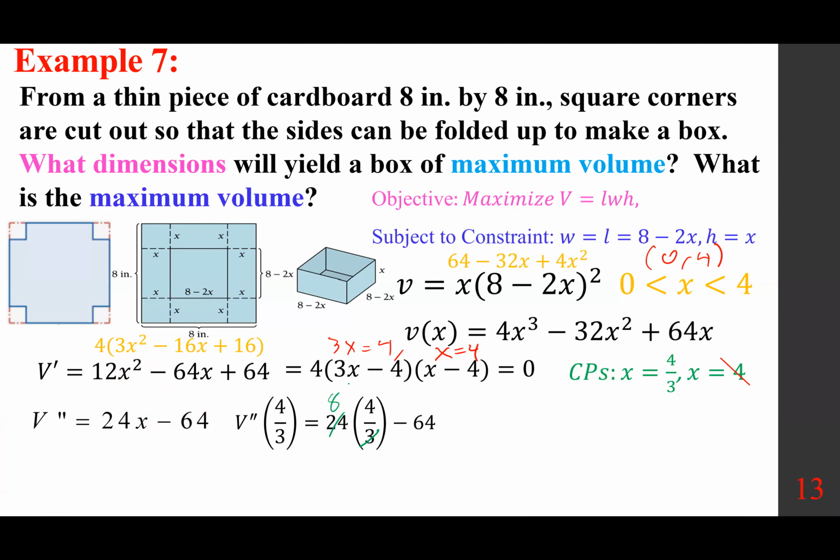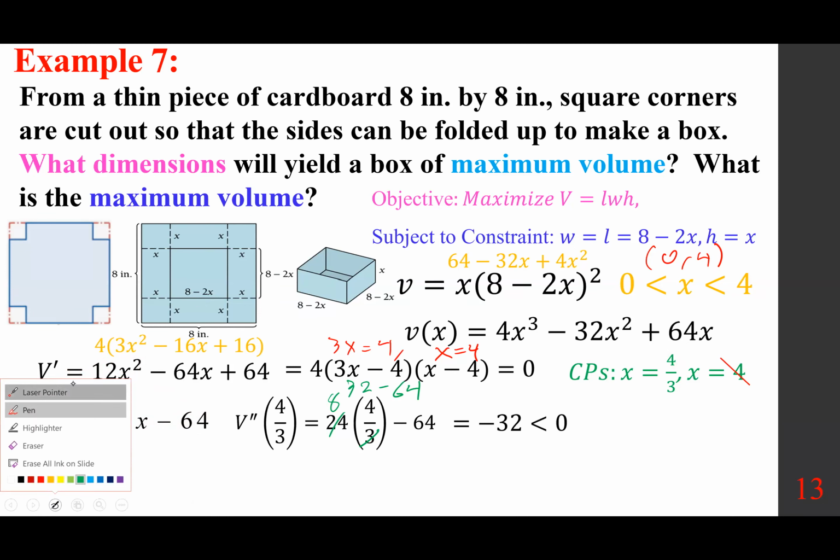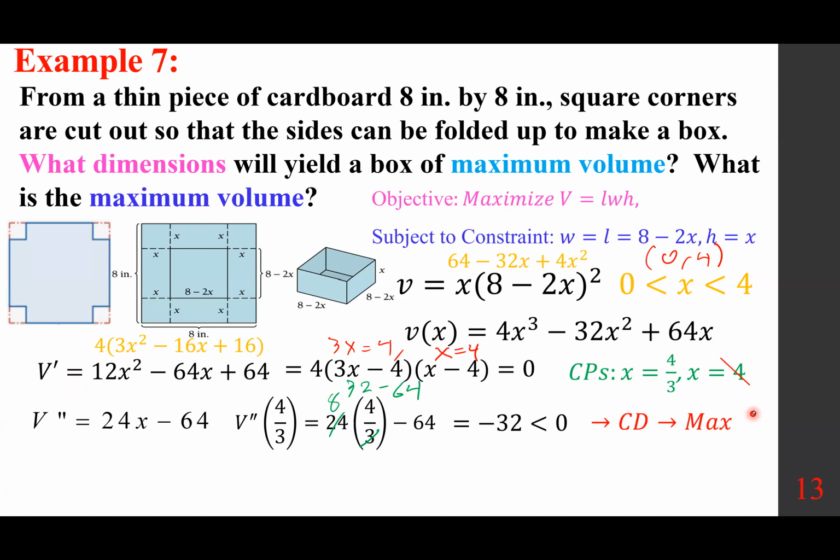So we have 32 minus 64, which is minus 32, which makes it negative. Negative means concave down. Concave down, looking like that, meaning maximum. So the maximum occurs when x is 4/3.